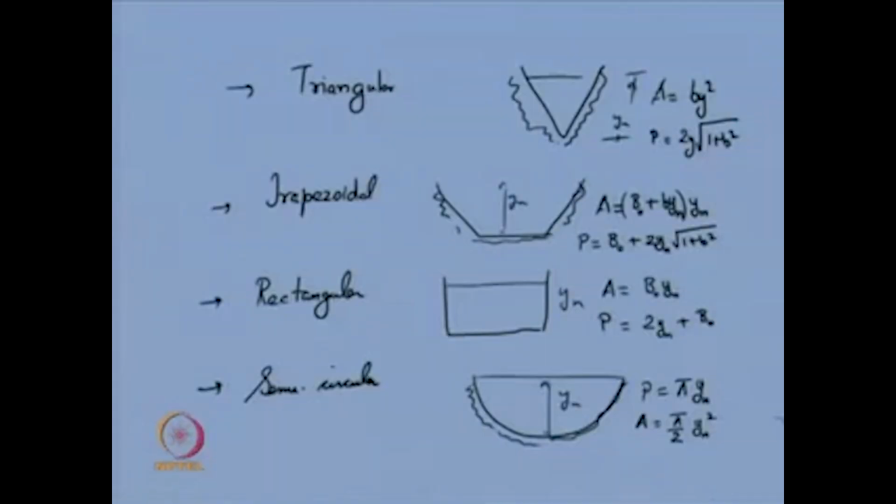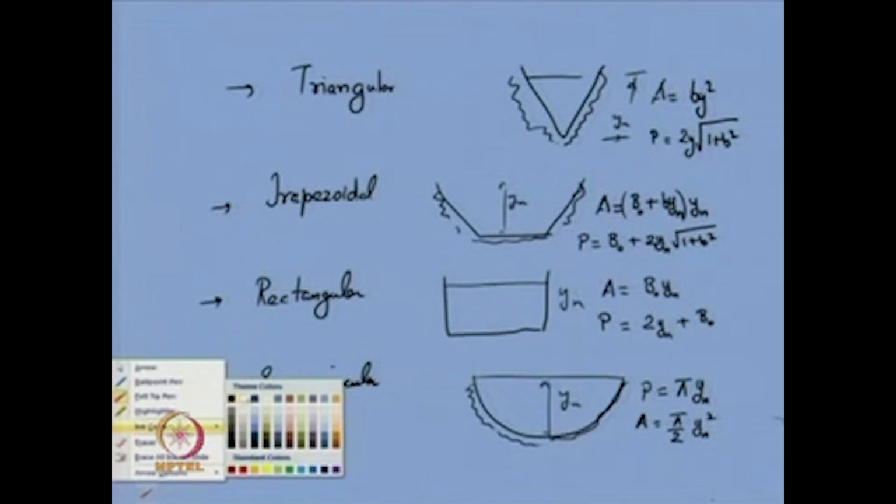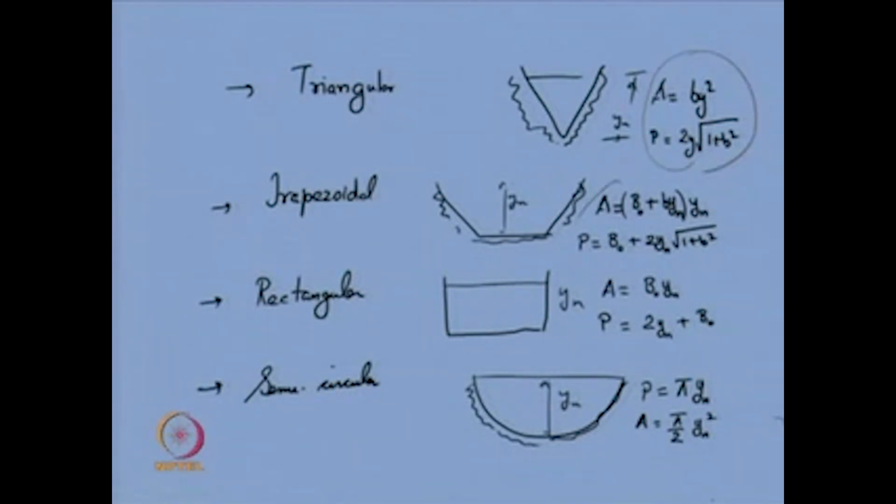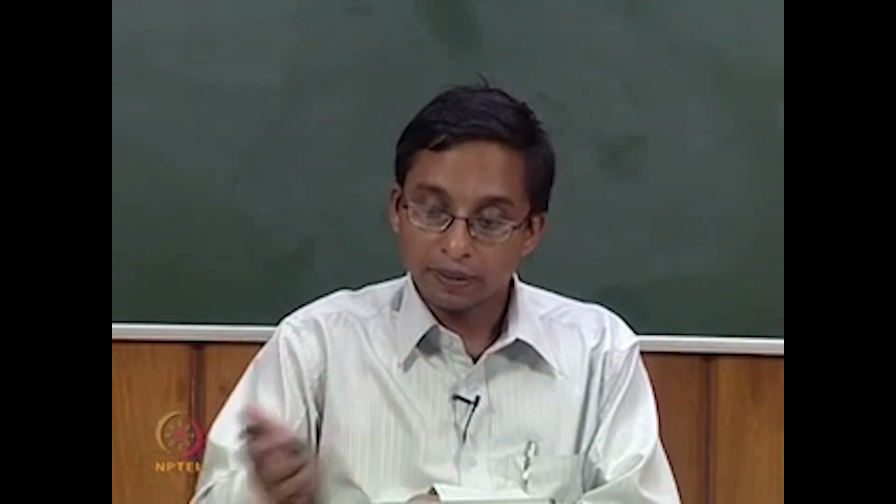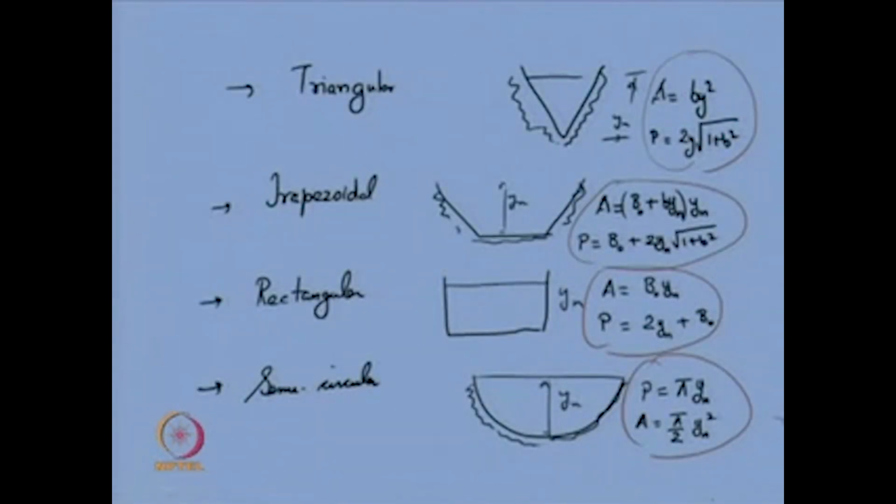So, among these channels, seeing these formulae, if from your design you have already determined that the area of flow should be a certain value, and you want to find the hydraulically efficient cross section, then for the given area, the semicircle is the one having least wetted perimeter.